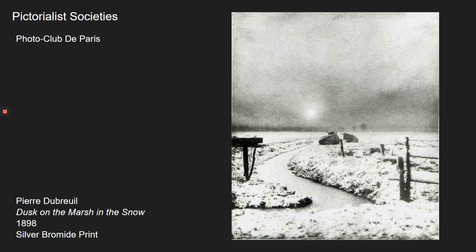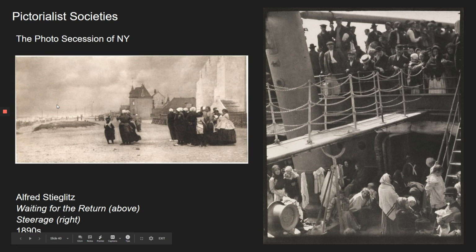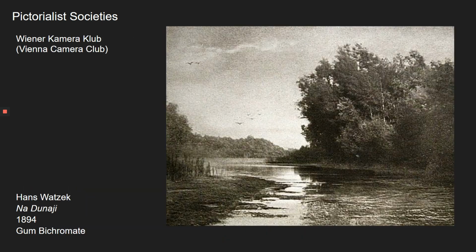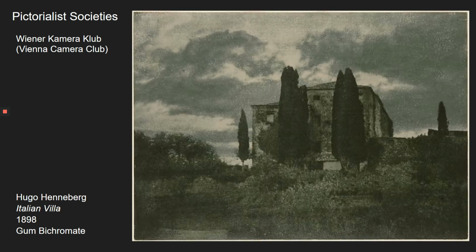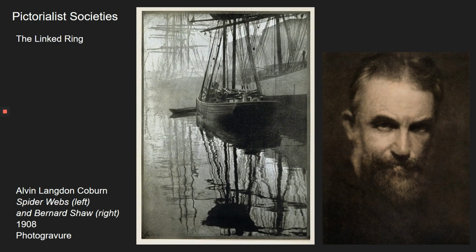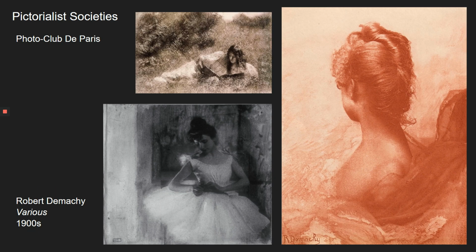Dubreuil, very kind of romantic, obscuring details. And then the photo secession of New York, which was headed by Stieglitz. So I wanted to hopefully give you some sense of the different techniques and styles, the breadth of pictorial techniques in showing you these different styles.